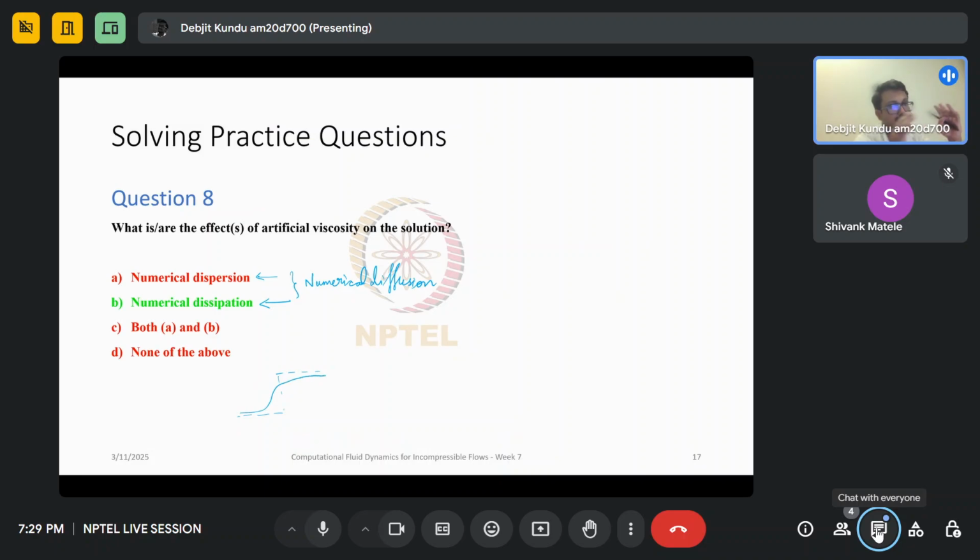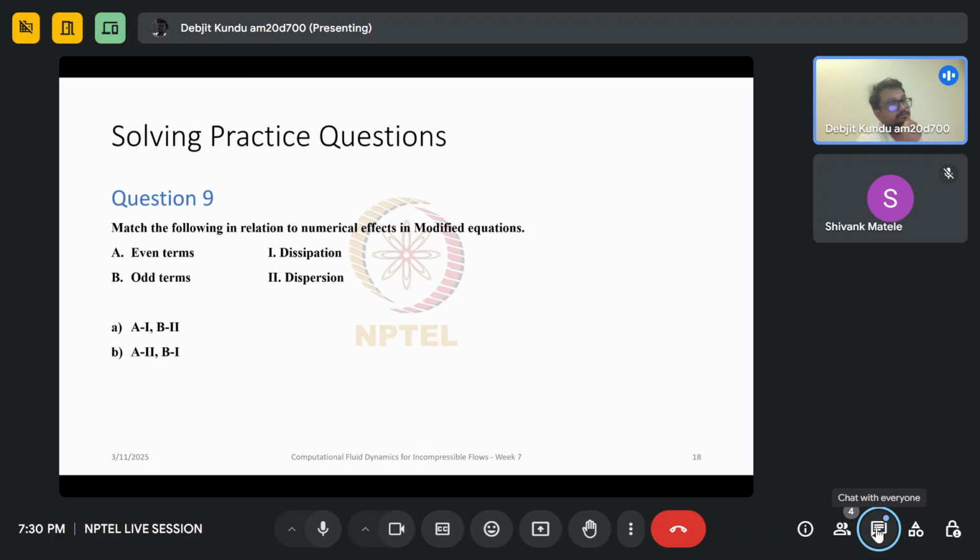It's smeared away; we lost the sharp profile of the solution. And what dispersion does is that it introduces some wiggles. We still have the sharpness, but we get things like this near the sharp changes.